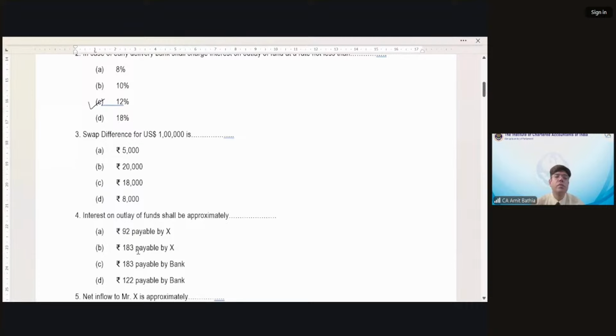Swap difference for USD 100,000. Here we will need to first of all calculate. The options given to us are 5, 20, 18 and 8. So how do we go about calculating it first and foremost? Now we are solving the third part.